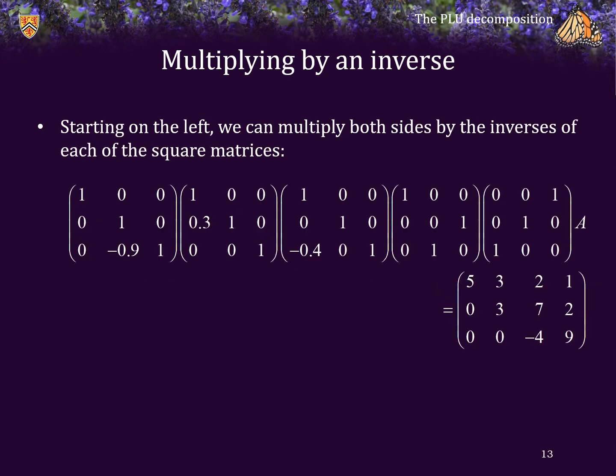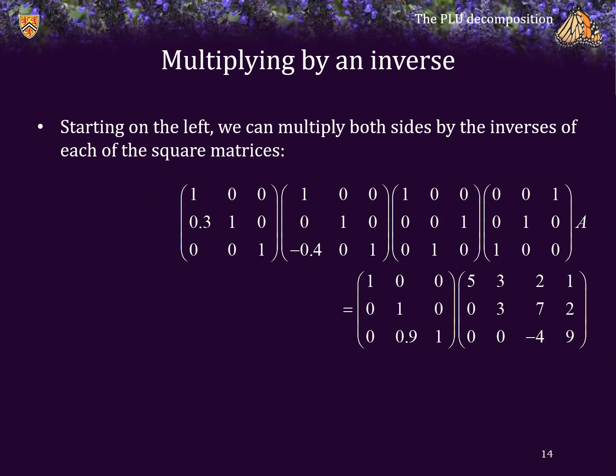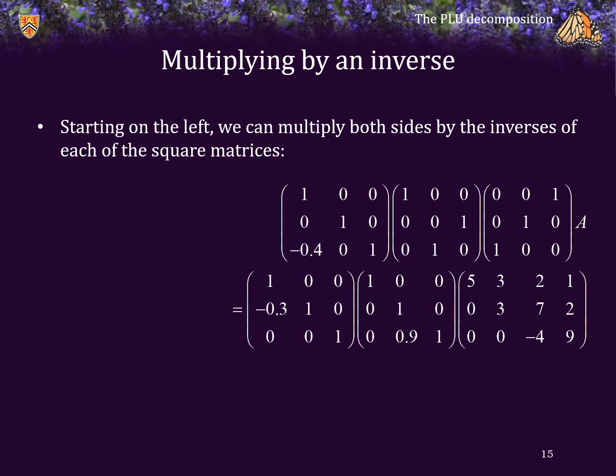So, starting on the left, we can multiply both sides by the inverse of each of the square matrices. So we can start by multiplying by that row operation that adds 0.9 times row 2 onto row 3. We can now multiply both sides on the left by that matrix that subtracts 0.3 times row 1 onto row 2. We can then multiply both sides by the matrix that adds 0.4 times row 1 onto row 3.